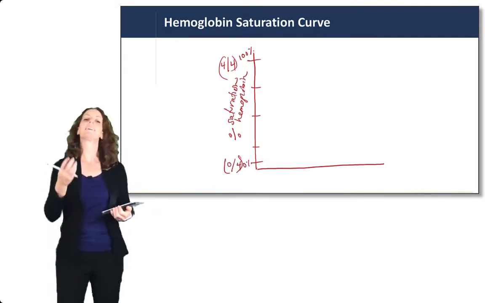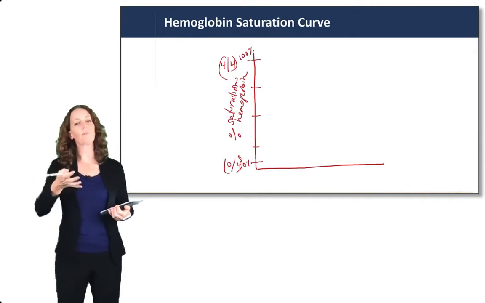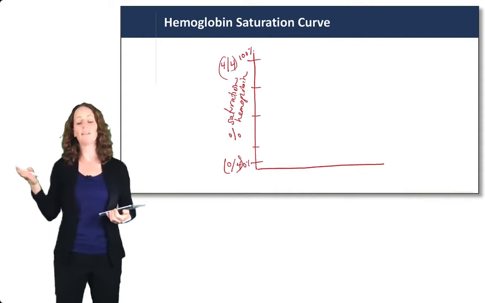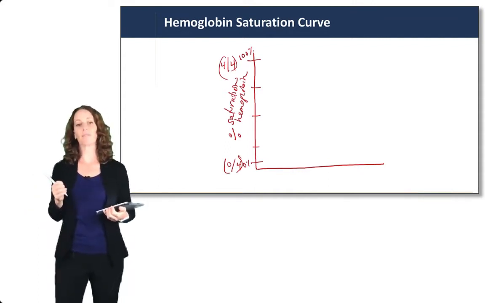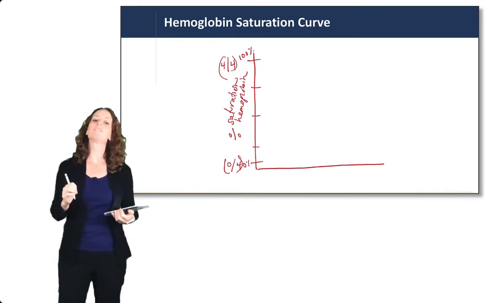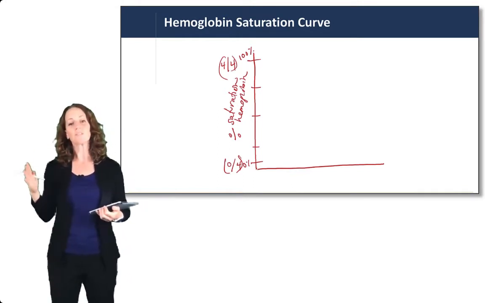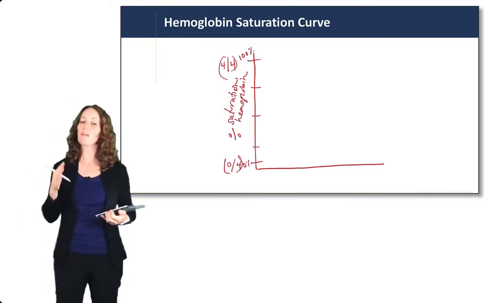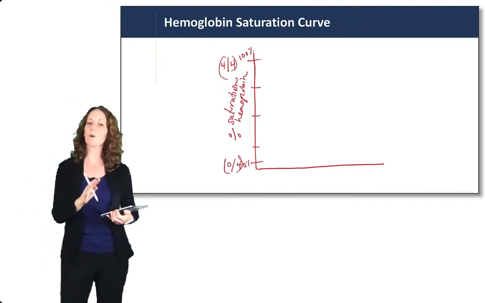Now we want to ask, how does the hemoglobin molecule respond in saturation based on the partial pressure of oxygen that it's in contact with? Think back to our gas exchange lecture. What is our range for partial pressures of oxygen? Our range is typically between 100 and 40.